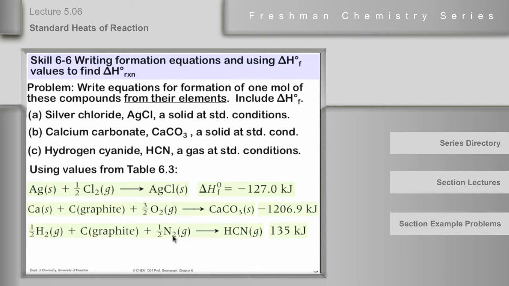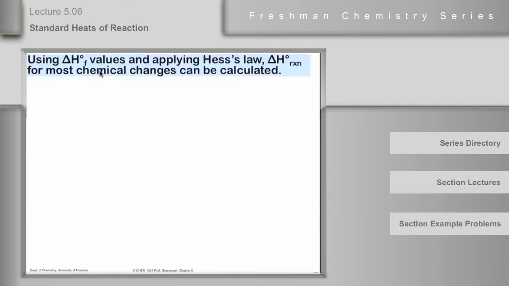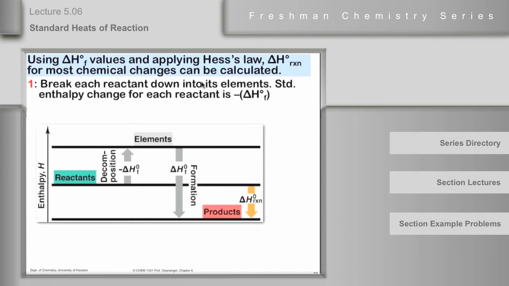It's highly toxic. Okay, now the last thing I want to talk about from the perspective of delta H's of reaction is how to use delta H of formation values, if you're given those in a problem, to calculate the delta H of reaction. And it works like this. Let's imagine that we have an enthalpy diagram here, and we have a reaction, and these are the reactants.